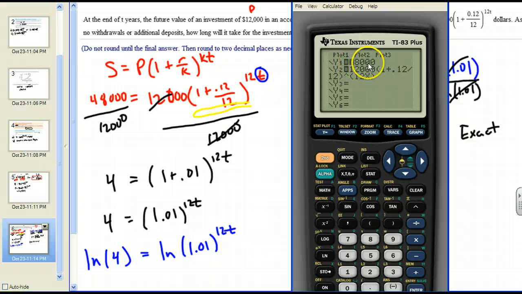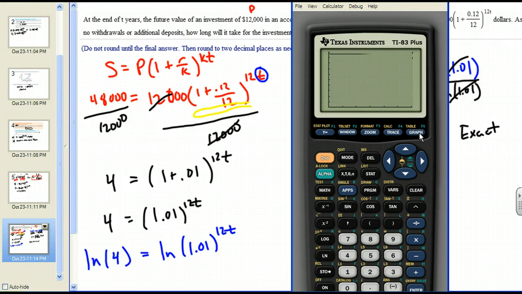There's the left side, the 48,000. There's the right side, 12,000 times 1 plus 0.12 divided by 12, to the parentheses, don't forget the parentheses, 12x. I've got this window, 0 to 30, x scale of 5, 0 to 50,000, y scale of 5,000. 50,000 because we've got to be above 48,000.